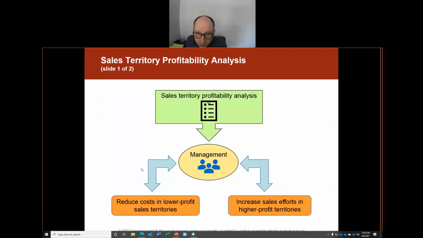And then we can analyze all that data to understand how to reduce costs in lower profit territories and increase sales in higher profit territories. And ultimately, it should hopefully result in higher profits for the company.